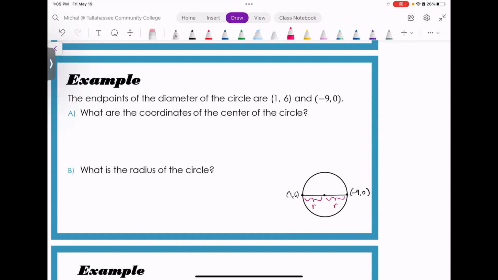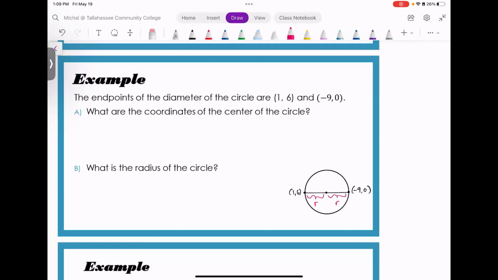So it doesn't matter which of these points I use later because the length I'm going to get for my radius is going to be the same whether I go from the center to the left or from the center to the right. And so what I'm going to do is first find that center, and we need to remember that the center is equal to the midpoint between the endpoints of the diameter.